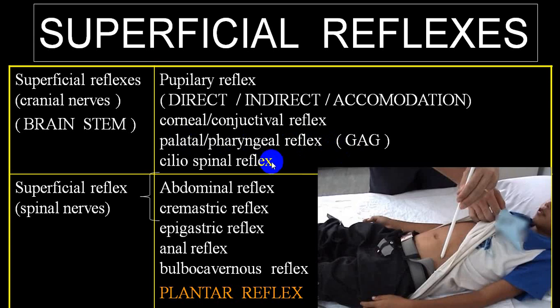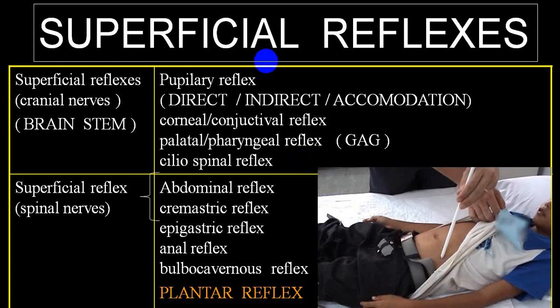While in ciliospinal reflex, the stimulus is a sensory stimulus in the skin of the cervical region, that is the lower part of the neck, and the response is dilation of the pupil, by the sympathetic system supplying the dilator fibers of the pupil.